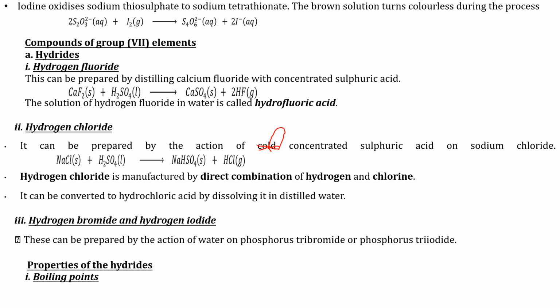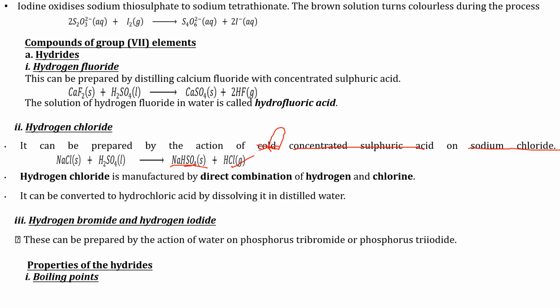In fact, if you forget this stage, you can simply say that concentrated sulfuric acid reacts with solid sodium chloride, and once you react them, you get sodium hydrogen sulfate and hydrogen chloride gas, which we need.